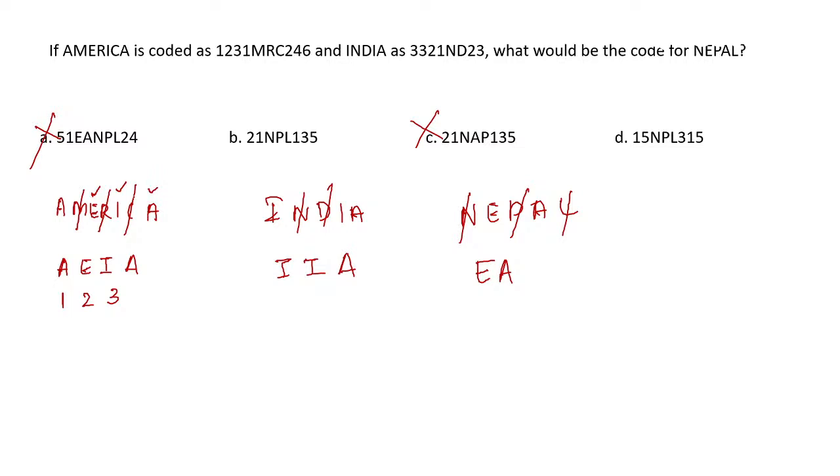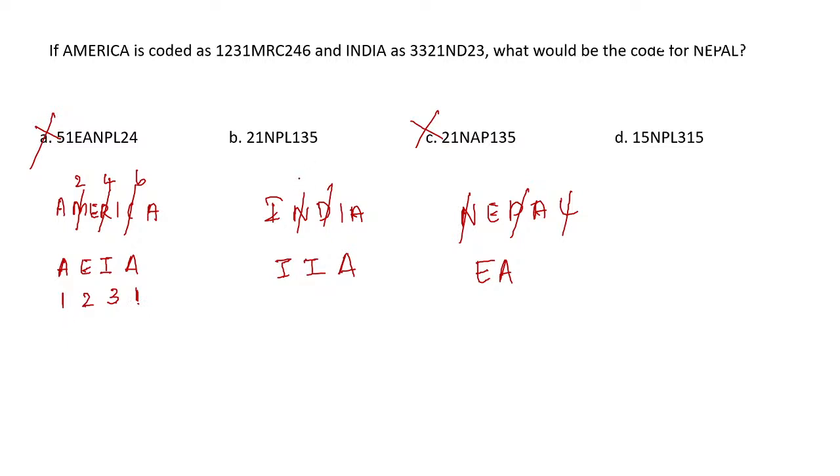No, no. It's actually M is in the second position, R is in the fourth position, and C is in the sixth position. And A is the first vowel, E is the second vowel, I is the third vowel, and A is the first vowel. Okay, that's why they have written it as 1, 2, 3, 1, 2, 4, 6.